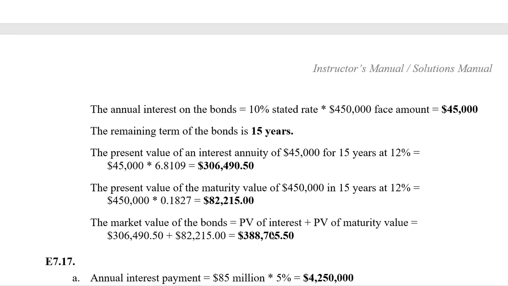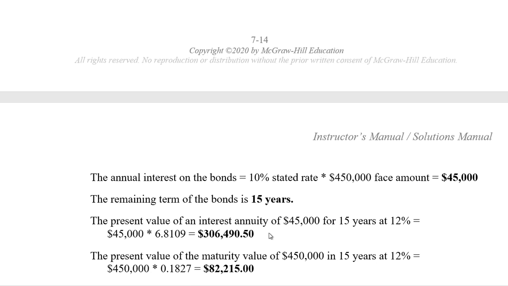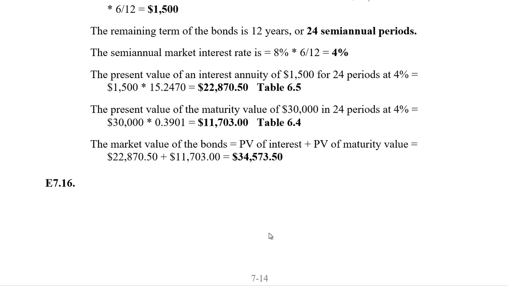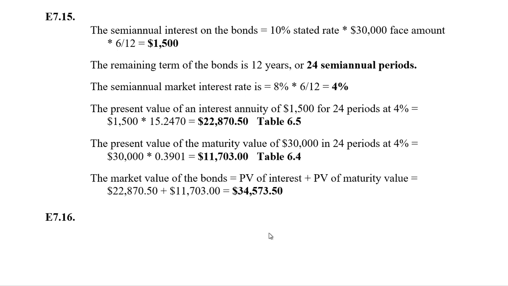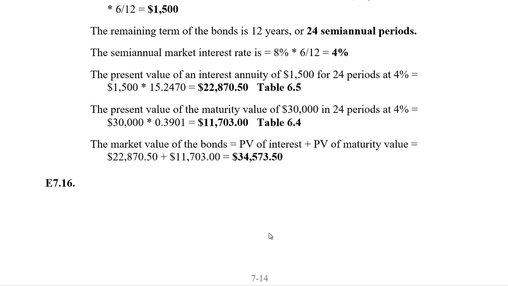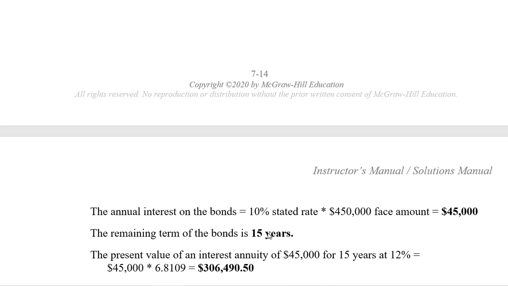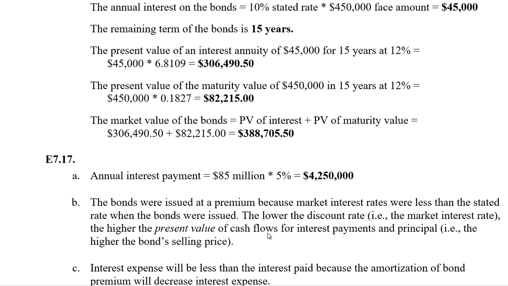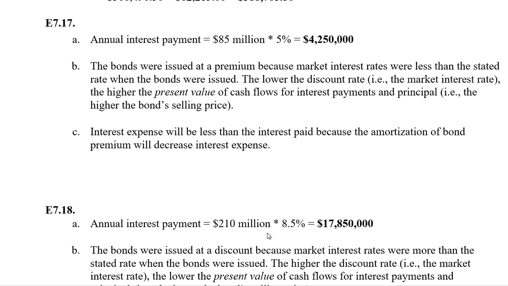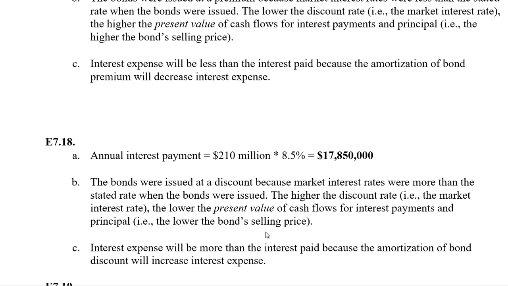Then you add the two together to get the market rate. So that just gives you a little bit more explanation for those two, which are very similar, just compounded differently. I wanted you to see that when you did these problems. And you will see this again on the exam, so please be careful here.